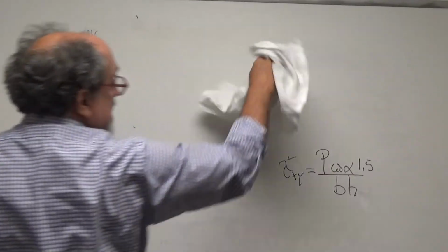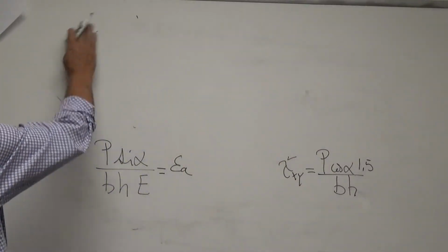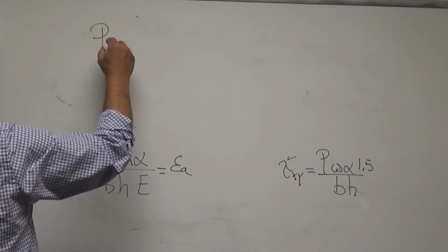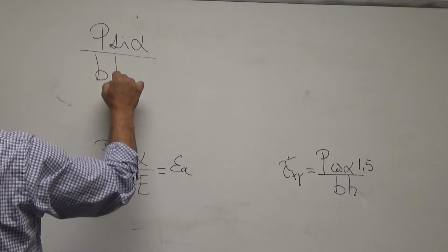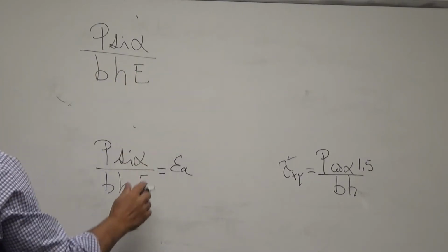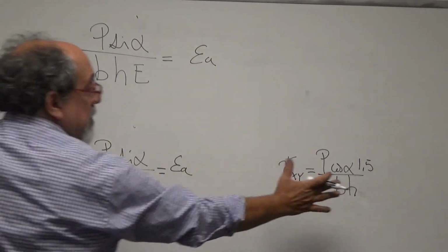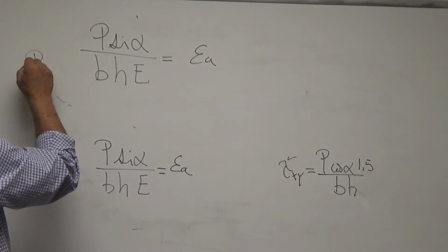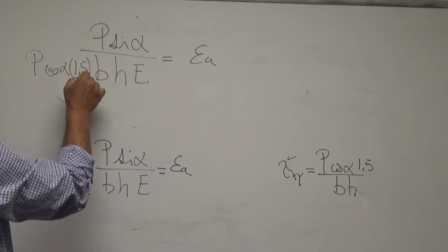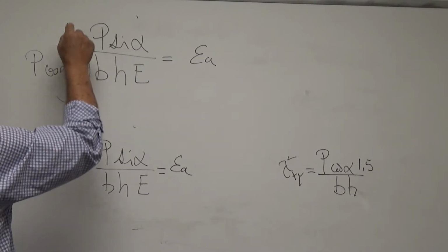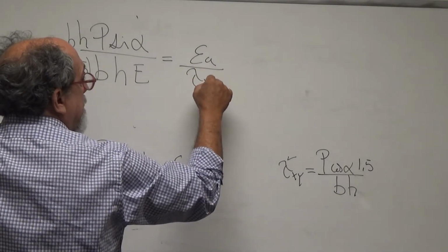Because then you can say, for example, dividing this by that, you would get P times the sine of alpha divided by BHE is equal to epsilon A. Divided by this, which is P cosine of alpha times 1.5 divided by B by H is equal to tau xy.